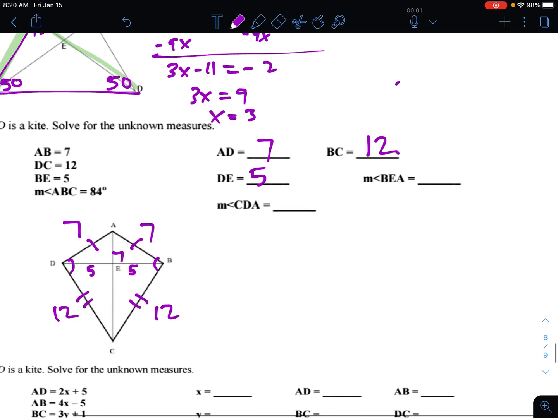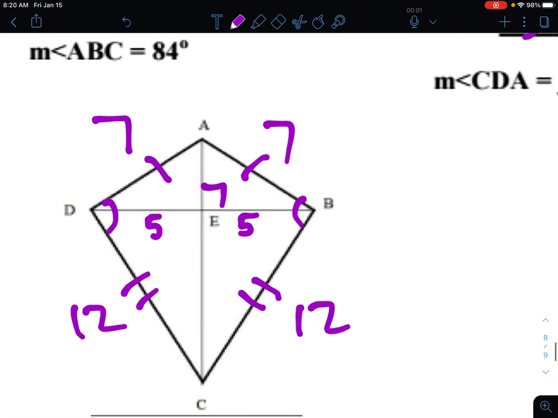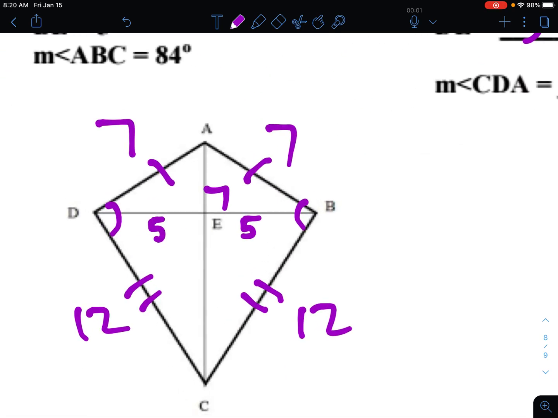And then we've got BEA. So that's the sides. And notice, we didn't say it, but this diagonal got cut in half. These two sides are congruent. So that's how we used 5 and 5. We're ready to rock with the angles now.